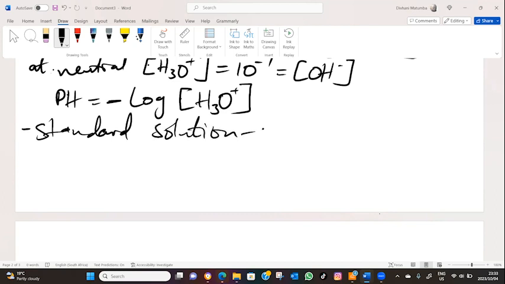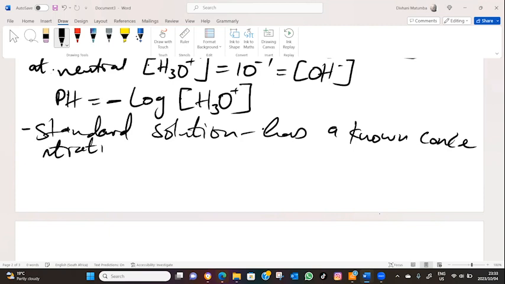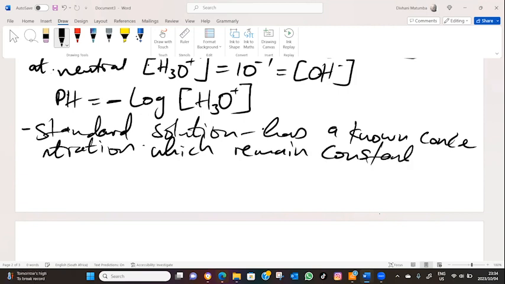A standard solution has a known concentration, which remains constant for a period of time.